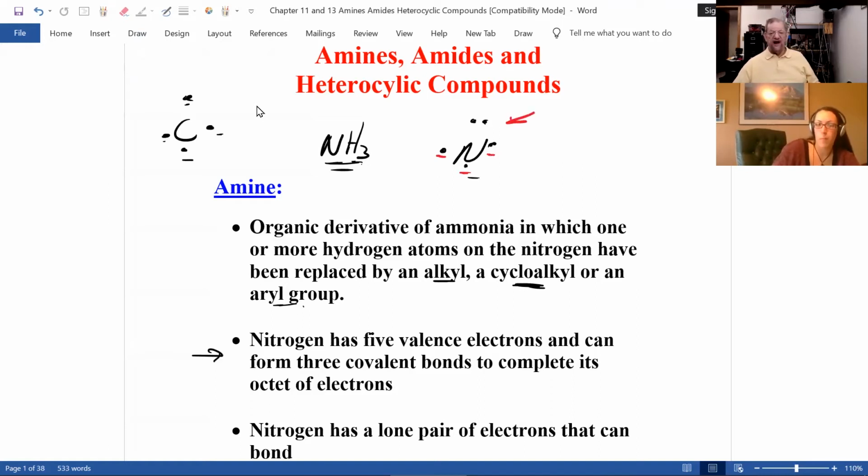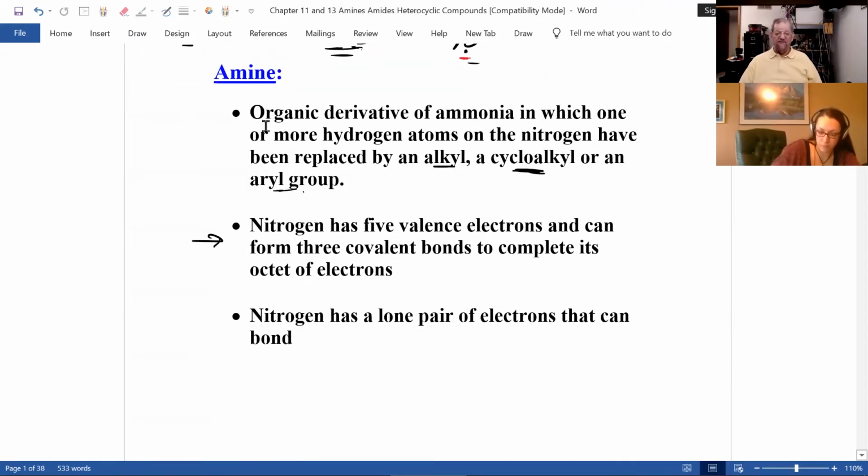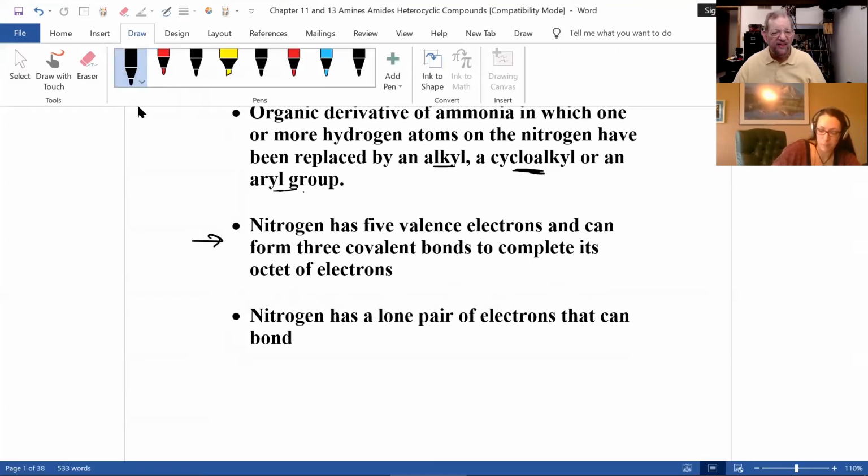However, the non-bonding pair of electrons on nitrogen can also bond. So nitrogen can have either 3 or 4 bonds, which some students find, how should I say this, challenging, but I'll help you out.